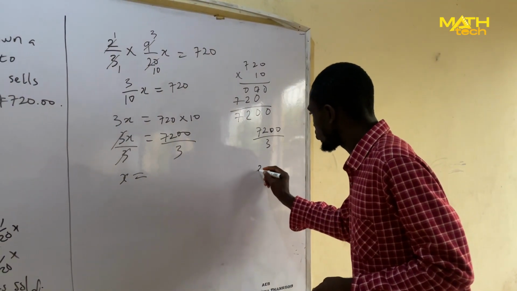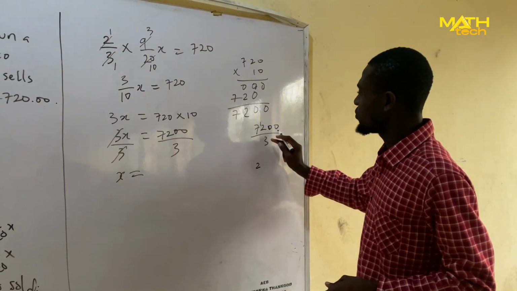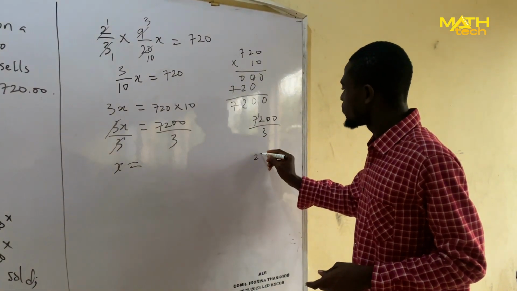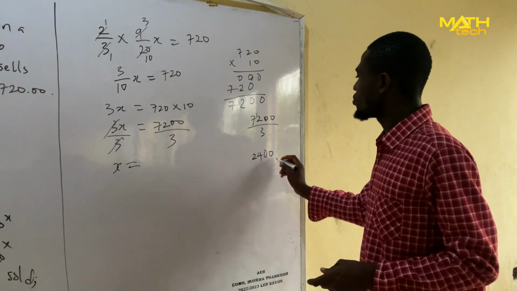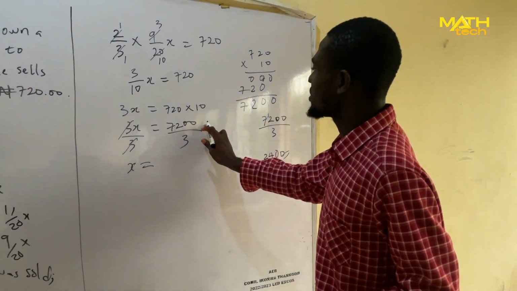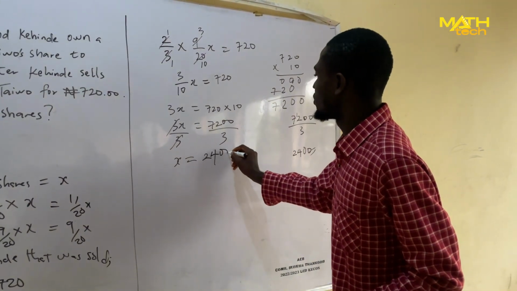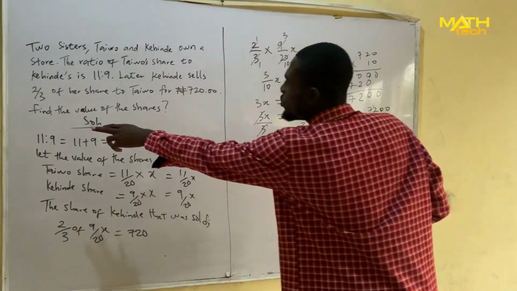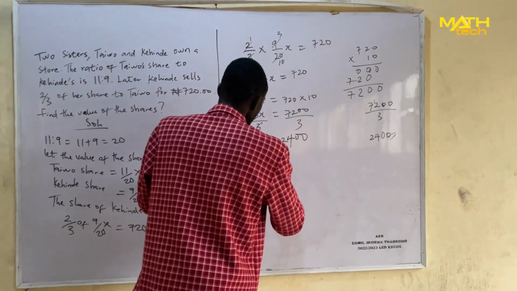We write 2 and 1 remains. Carry that 1 and attach it to the next digit, that will be 12. 12 divided by 3 gives us 4. And the remaining is 0, 0, which we write down. So 7,200 divided by 3 gives us 2,400.